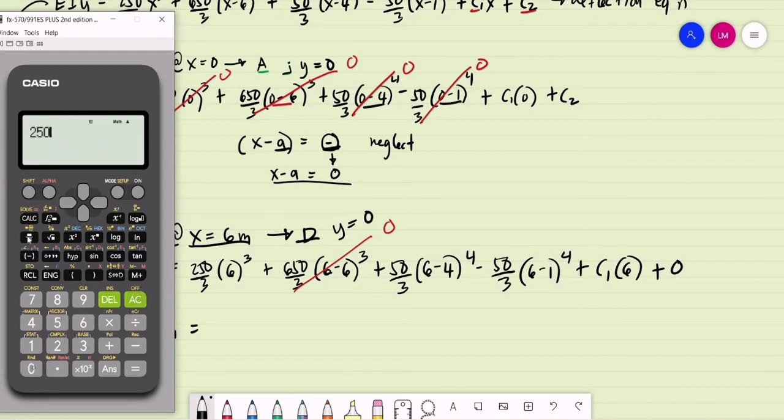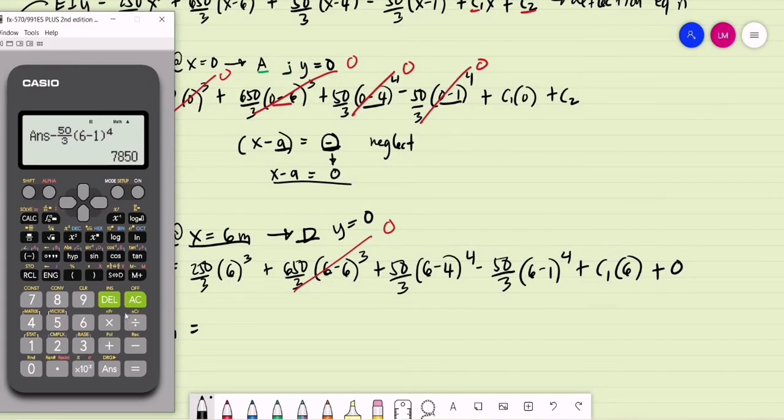That is 250 over 3, multiplied by 6 raised to 3, plus the 50 over 3 multiplied by 6 minus 4 raised to 4, then minus the 50 over 3, then multiplied by 6 minus 1 raised to 4.